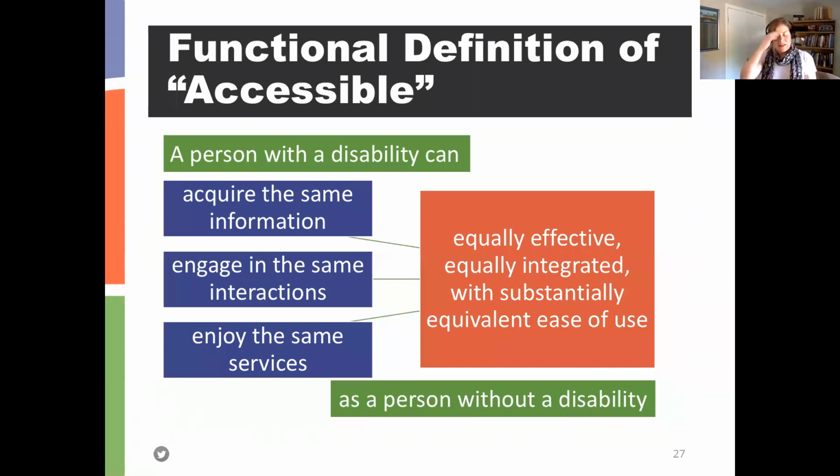So it's a high bar. Something accessible doesn't necessarily need to be the same as material or technology used by other students, but it needs to be equally effective, equally integrated, and the student needs to be able to use it with substantially the same ease of use as the material or technology that other students are using. So it needs to be seamless.